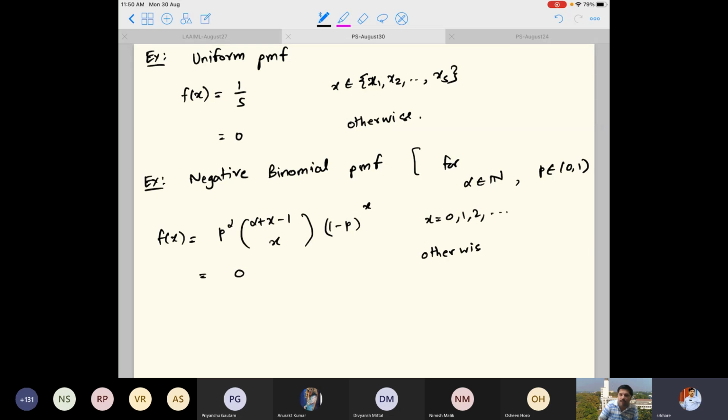This is my definition of the probability mass function.